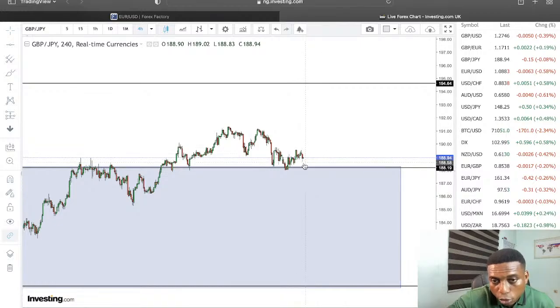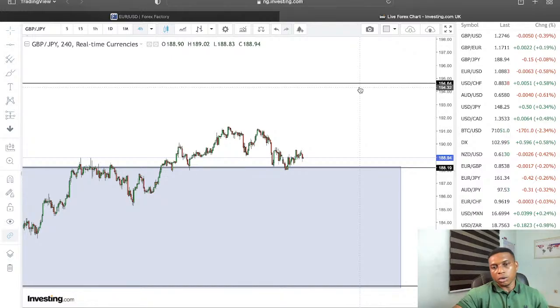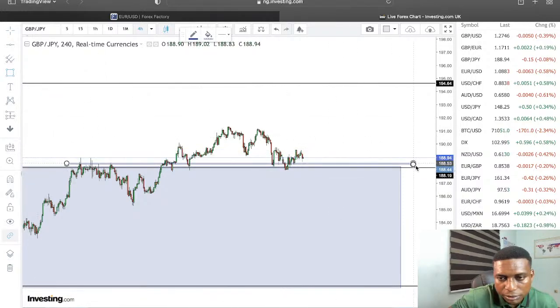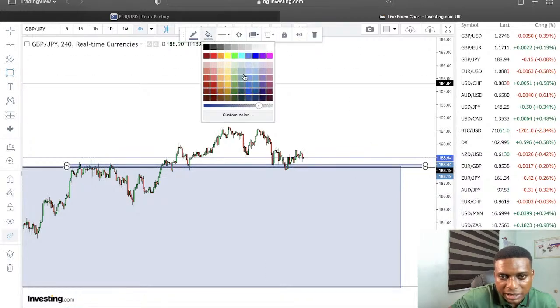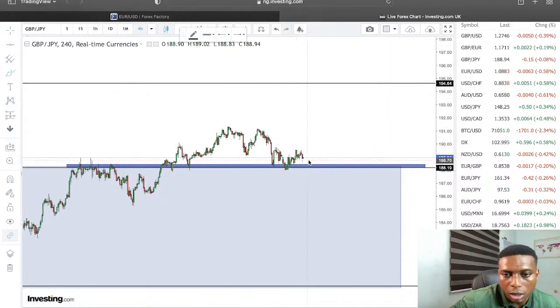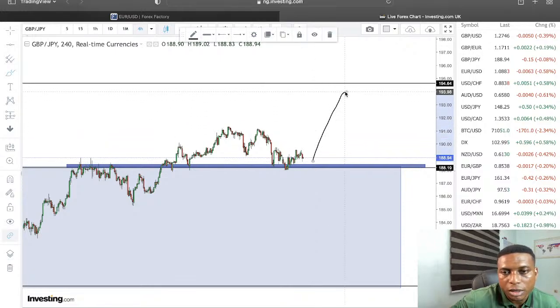So we might see price still come down, consolidate at this level before pushing back up, because there are already buy orders at this level, which means that these buy orders will be very much activated when price gets to touch this level, and we would see price having a jump up to this side.